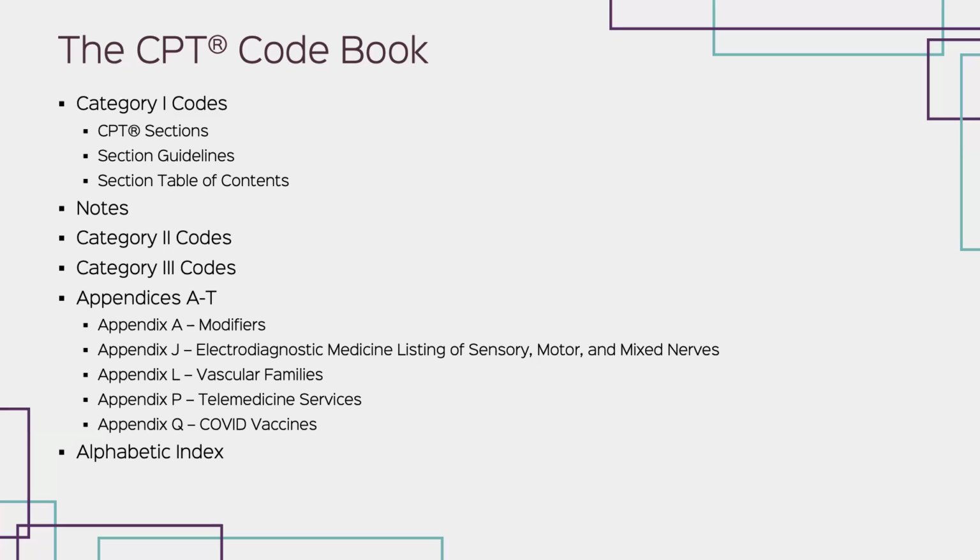You've got an appendix that will tell you services that can be coded with telemedicine, so without having the patient physically in the office. And then our lovely COVID vaccines, there's a bunch of guidelines and different codes for each of your manufacturers, and then whether it's your initial or your booster or anything along those lines. And then after your appendices, you have your alphabetic index that's very similar to the index in your ICD-10-CM.